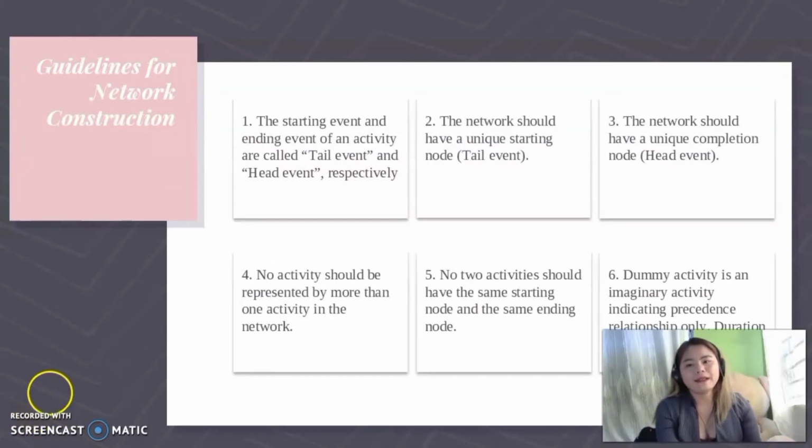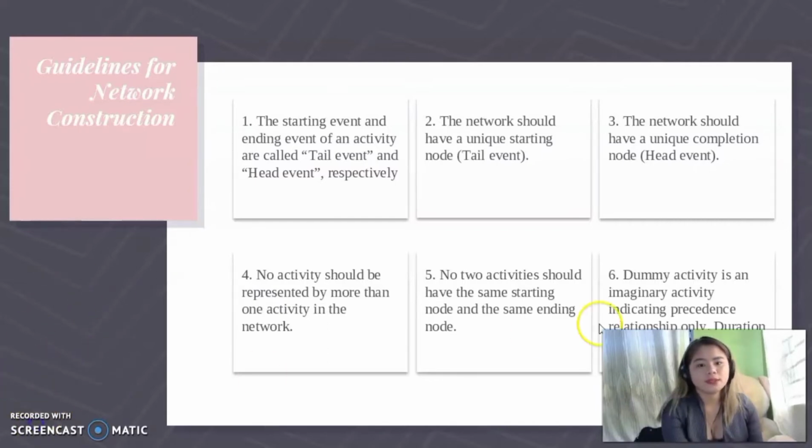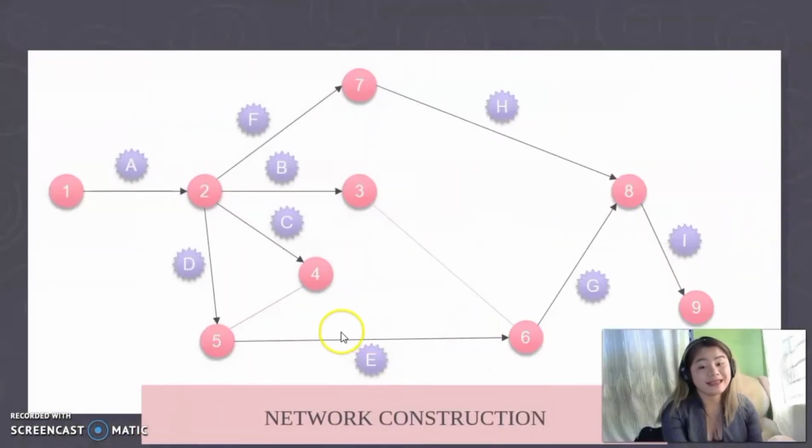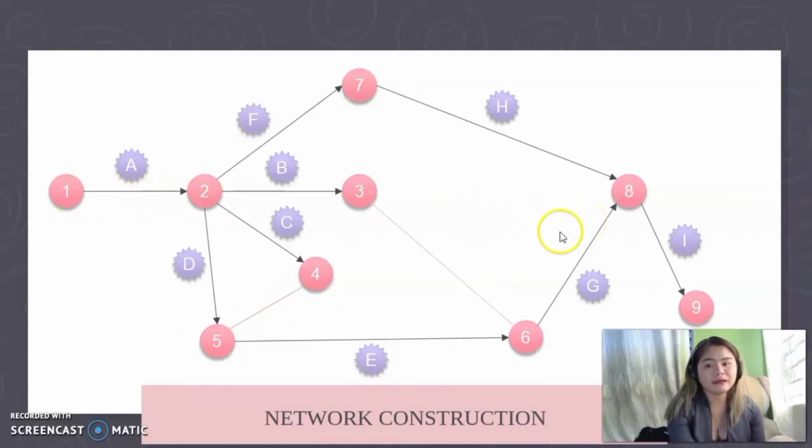Now let's see the guidelines for network construction. So the first guideline: the starting event and ending event of an activity are called tail event and head event respectively. So this is our network construction. You have different activities. The 1, 2, 3 are called nodes, and the A, B, C, D are your different activities in the network construction.